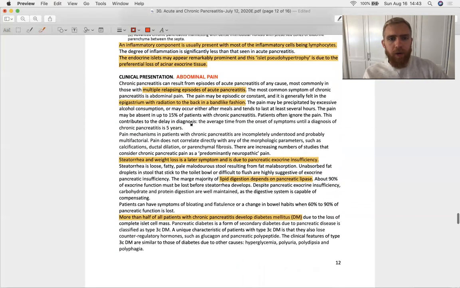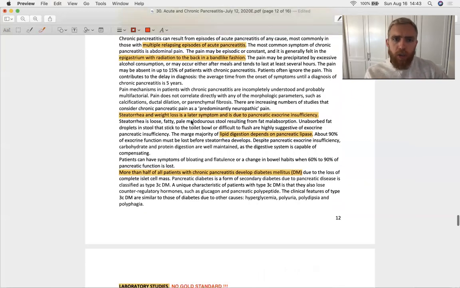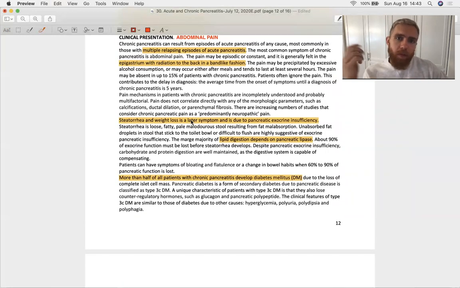How does chronic pancreatitis present? Very similarly to acute: abdominal pain that radiates to the back, T5 to T9 dermatome, through the celiac ganglion up the greater splanchnic to that region of the thoracic spine.